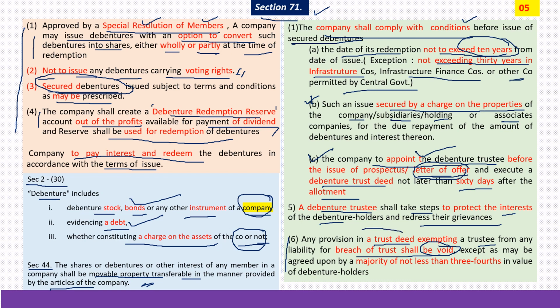But if there is a clause in the trust deed which says the trustee could be exempted, such a clause is not acceptable and it shall be void. However, there is an exception to that. If the majority of not less than 3/4 of the debenture holders agree, such exempting clause in the trust deed can be valid. It need not be void.